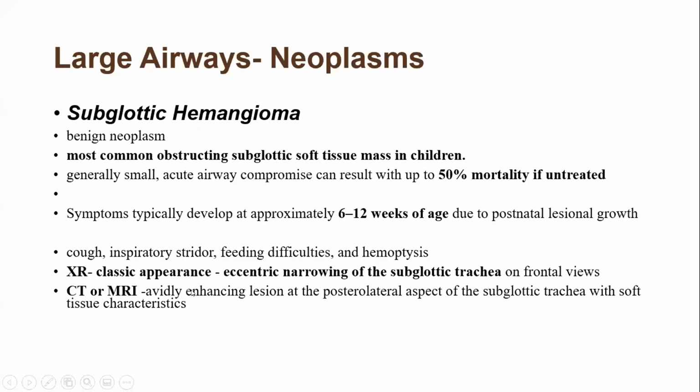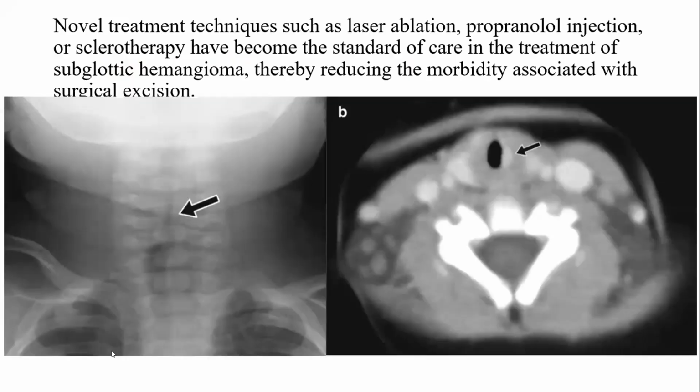But X-ray is not enough. You will need either CT or MRI to assess it better. You will see an enhancing lesion in the subglottic region. So this is the X-ray. You can see the lateral indentation. If it is an infection like croup, you will see circumferential narrowing of the trachea. This is the enhancing lesion. It's quite small.